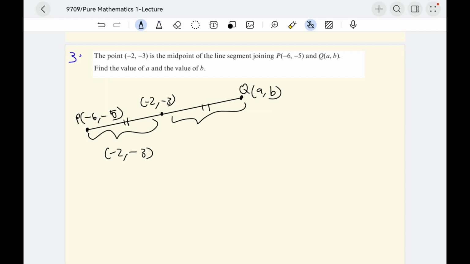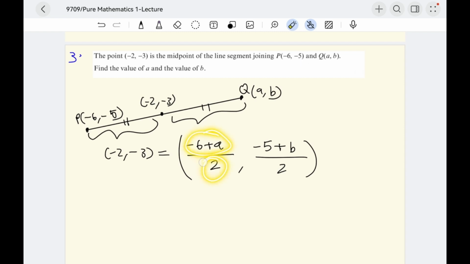So you can write the average of the x coordinates, as well as the y. Just do the same procedure. So here is the sum of the x coordinates divided by 2, the sum of the y coordinates divided by 2. Compare and find the values of a and b.